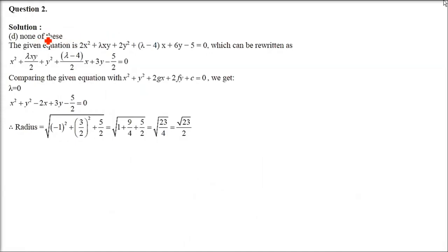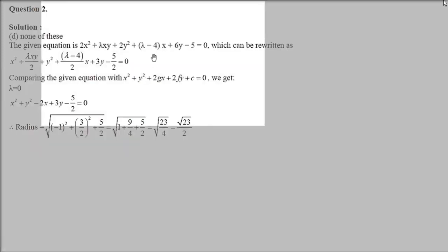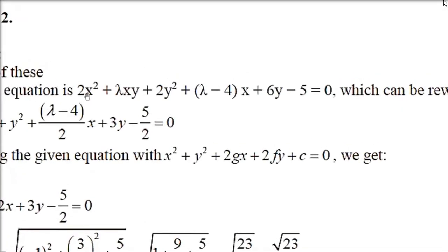This is question number 2. If 2x square plus lambda xy plus 2y square plus lambda minus 4x plus 6y minus 5 equals 0 is the equation of a circle, then its radius is, we have to find out the radius.